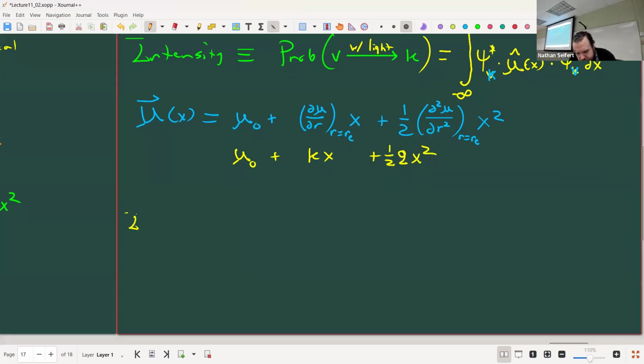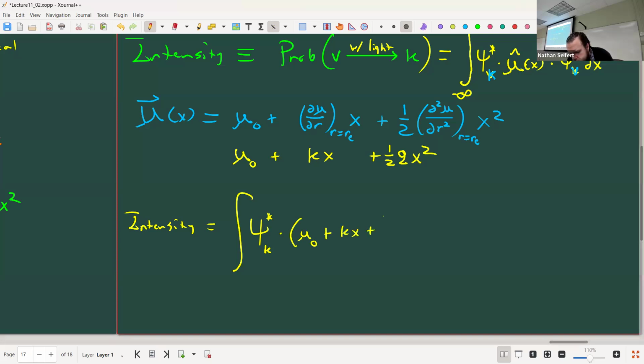Okay, so the intensity of this line is going to be equal to some harmonic oscillator wave function times this dipole operator times the initial state, dx.